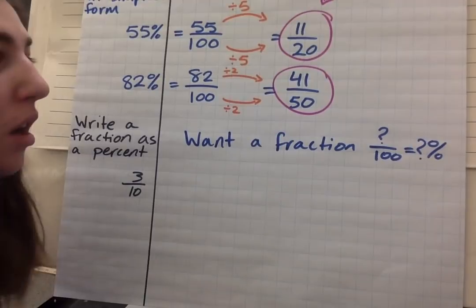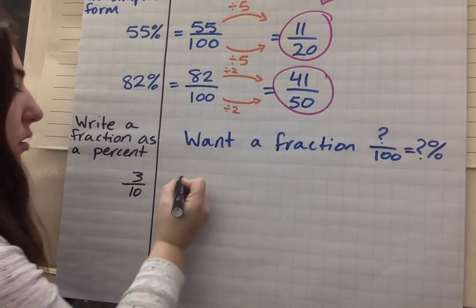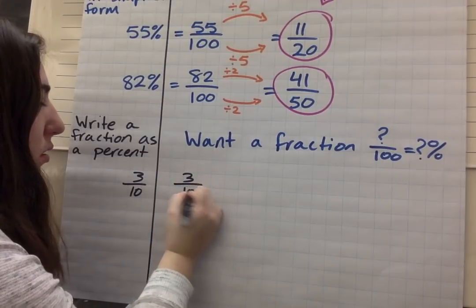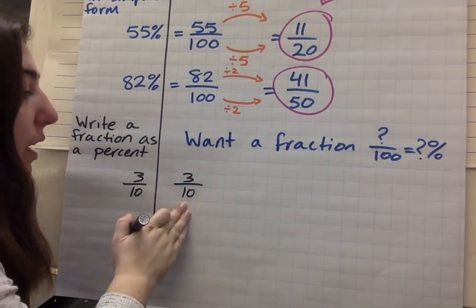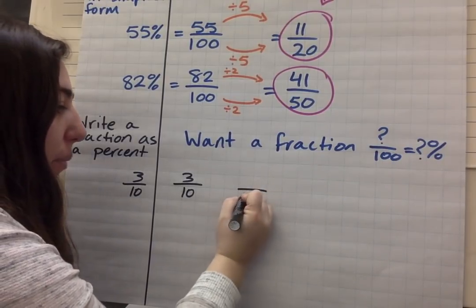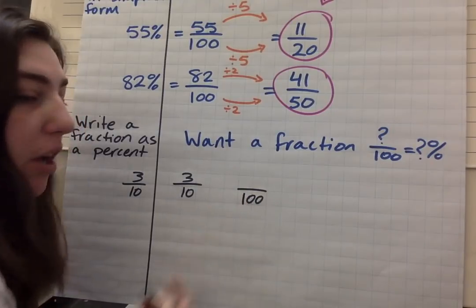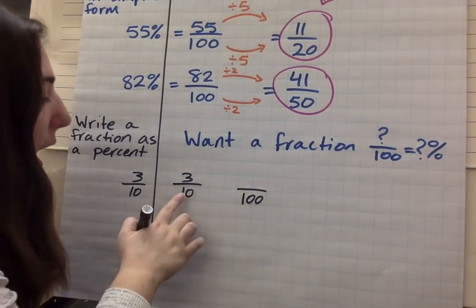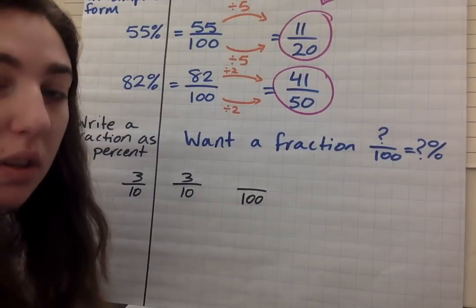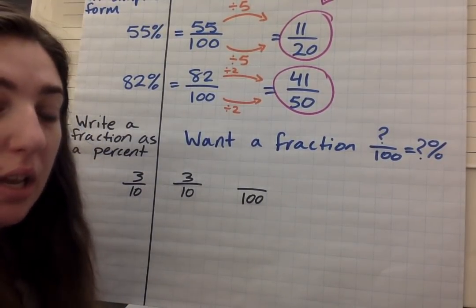All right. So we have the fraction 3/10. Okay? But we want this to look something like that. So I'm going to set up some fraction out of 100 here. And I need to figure out, this is the same thing we did with ratios and rates, right?